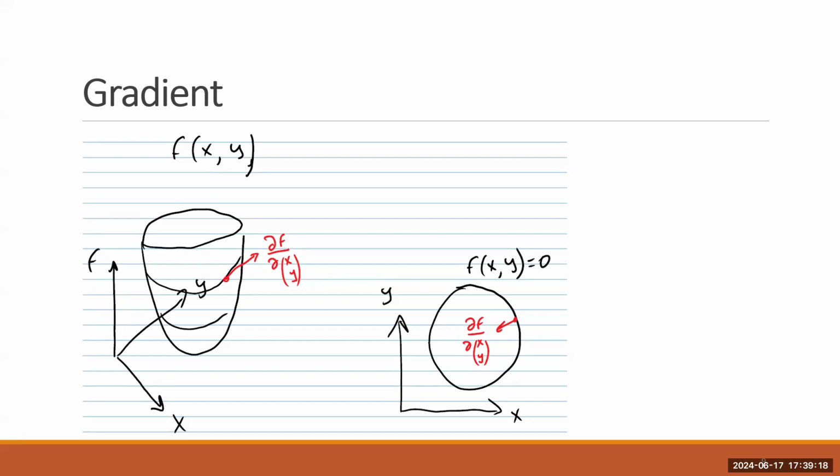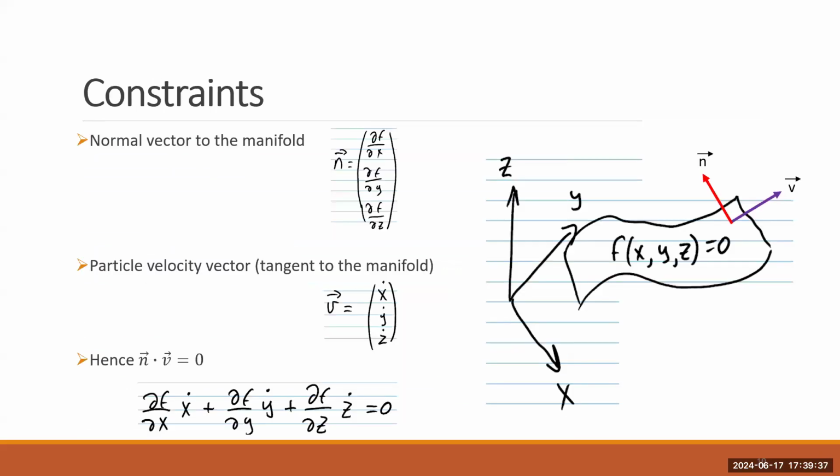Actually, f of x, y equals 0 is a constraint manifold. It's a level set of this, and when I look at it from above, I get something that is perpendicular to the level set.